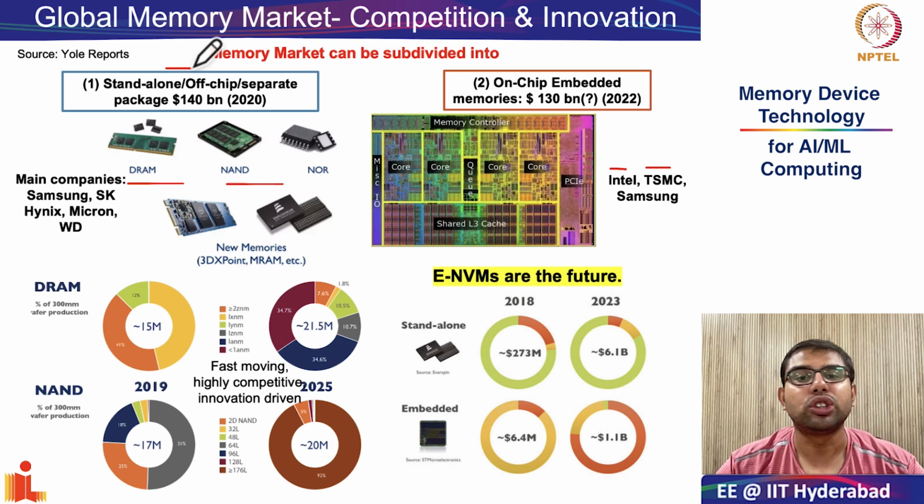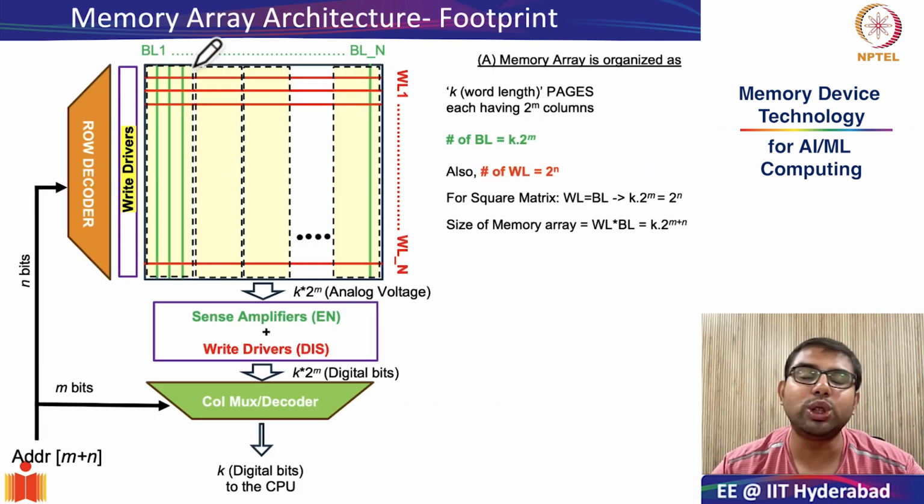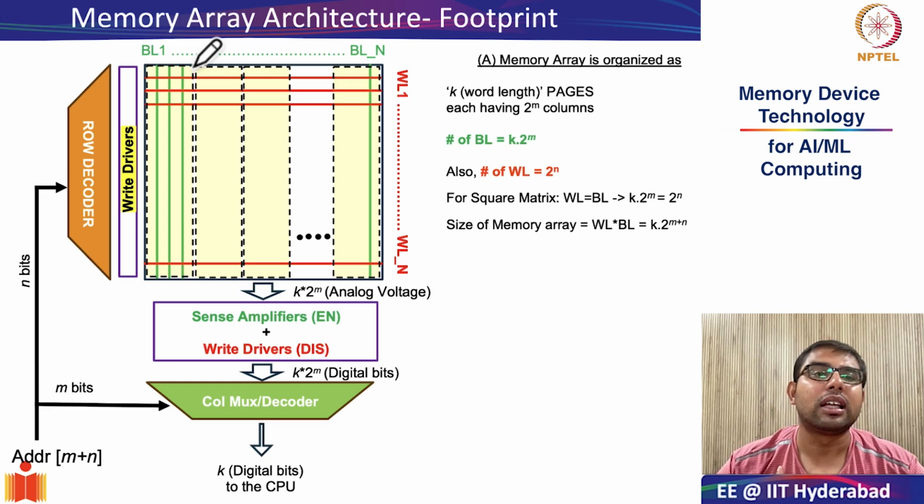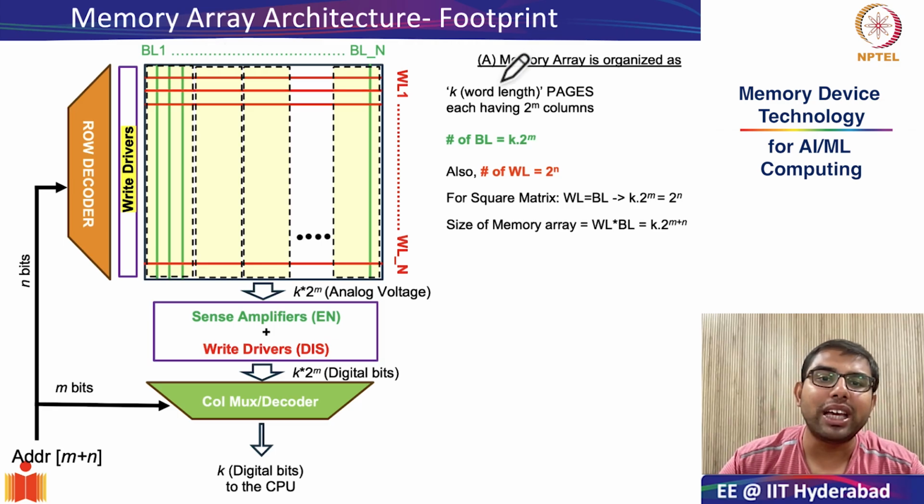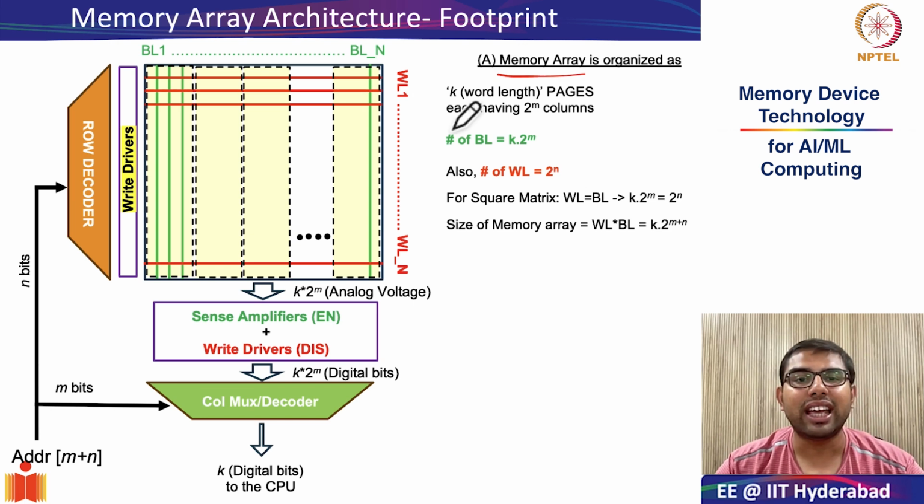So moving on, before looking at SRAM, DRAM and NAND flash individually, we thought it would be valuable to look at a generic memory array architecture, because this shows the importance of how memory peripherals are organized for effective read and write into the actual memory arrays. We saw that a generic memory array is organized in pages.